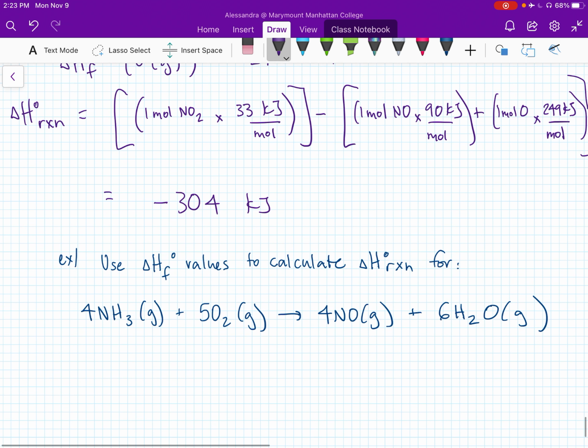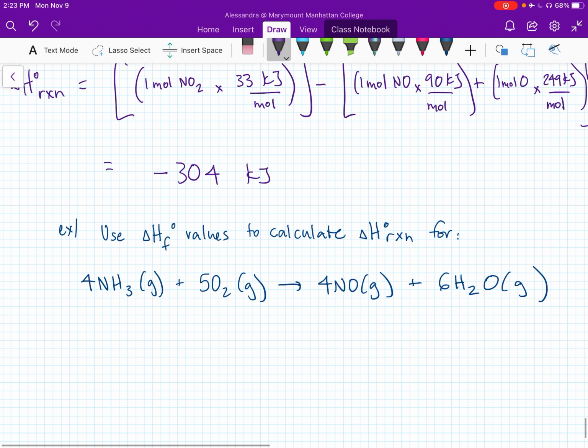Use standard enthalpies of formation to calculate delta H naught for this reaction: 4NH3 gas plus 5O2 gas gives 4NO gas plus 6H2O gas. And again, the species are very important. So you can look up the values of the standard heats of formation in the table. You can use the table in OWL, or you can use the table in your book.